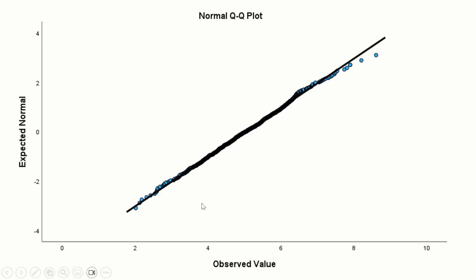As shown here in this QQ plot, the diagonal line and the circles represent the scores or the values from each of the data. And all these small circles are aligned along the diagonal line, and this indicates that the data are normally distributed.